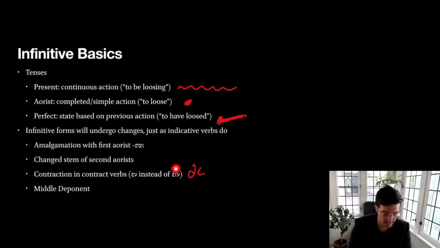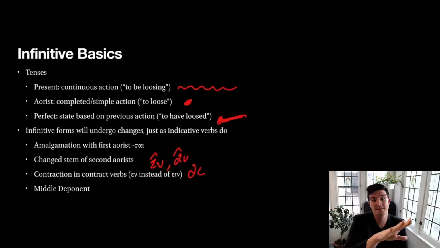So you won't see that epsilon occurring in contract verbs, but you will often see the circumflex as the sign of the infinitive in contract verbs. So for example, you'll see something often like -ân with a circumflex over it, or -ôn with the circumflex over it, indicating that some kind of contraction has occurred between the ending of the infinitive and the stem vowel of the contract verb.